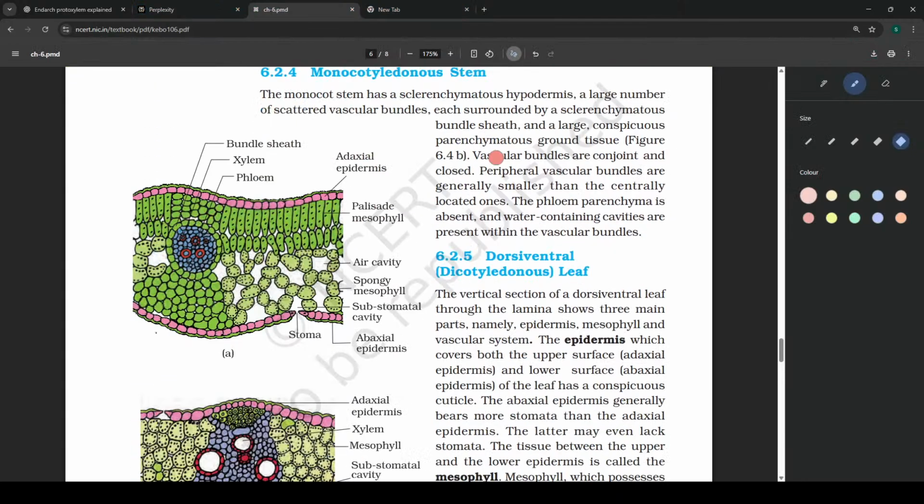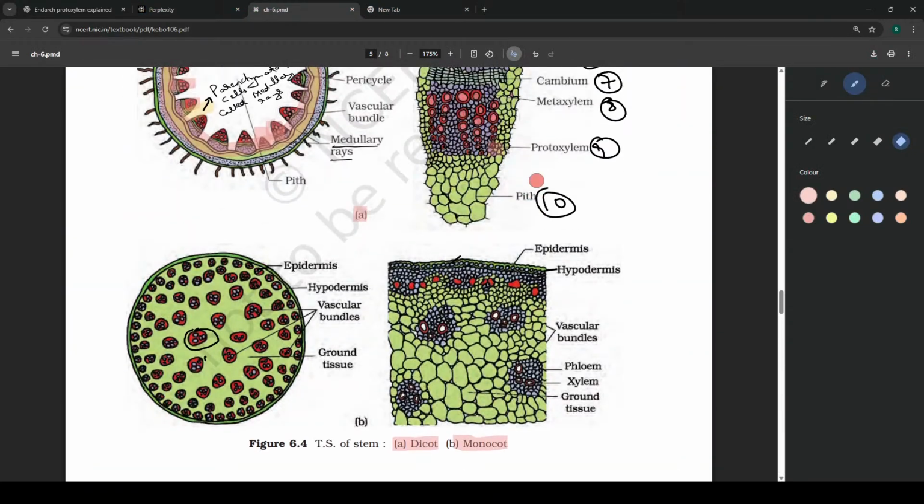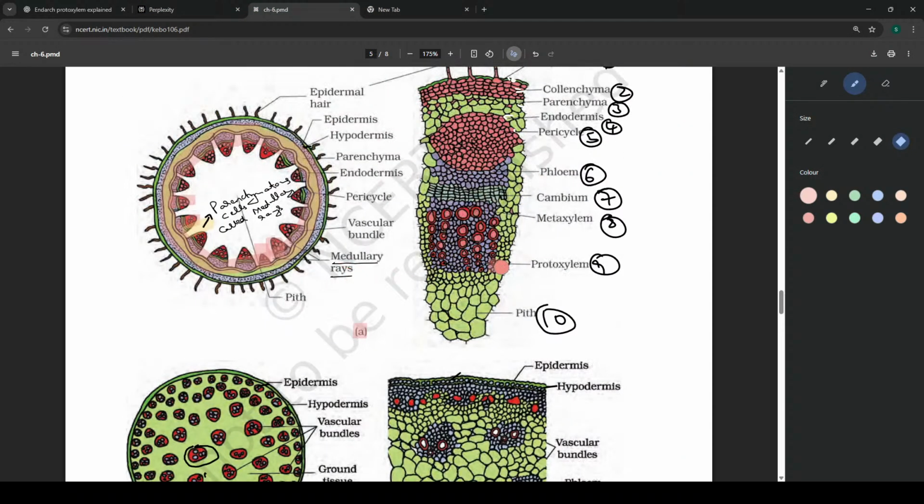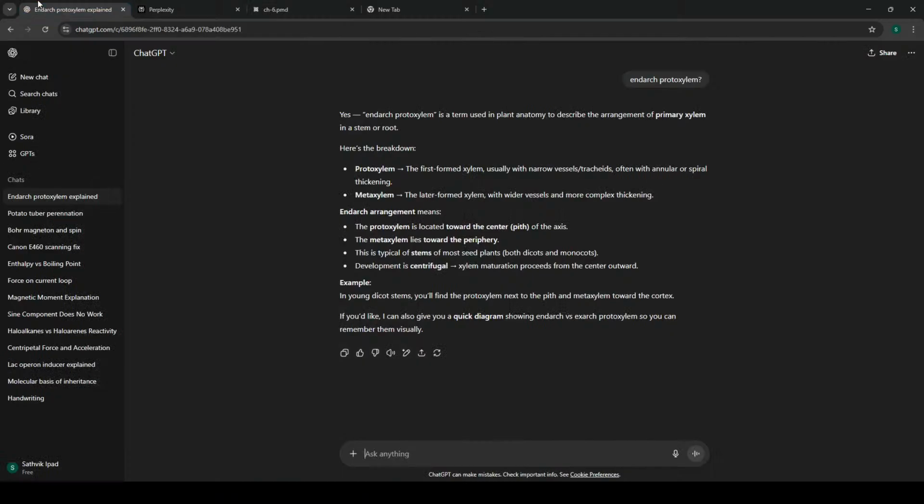Protoxylem is here. This is the old xylem that is first formed, and metaxylem is the latest xylem. So endarch means the protoxylem is located toward the center.